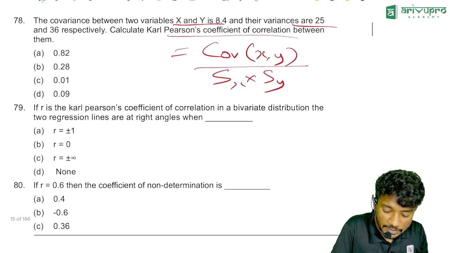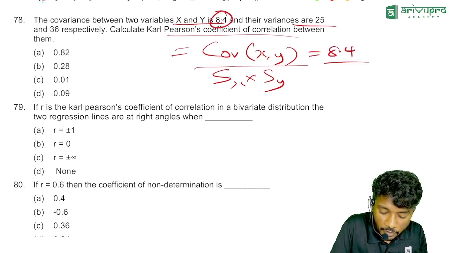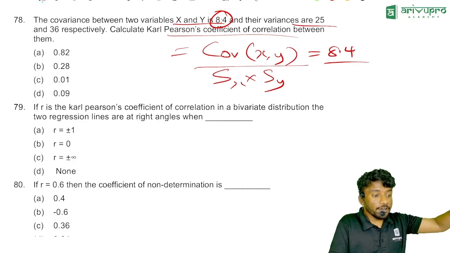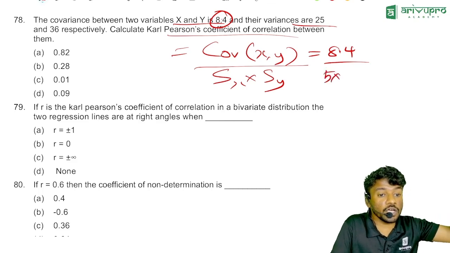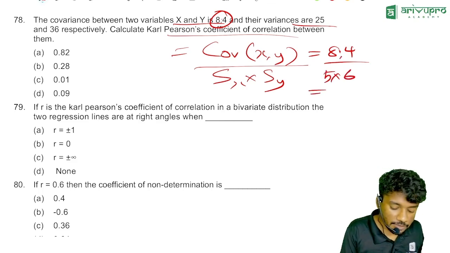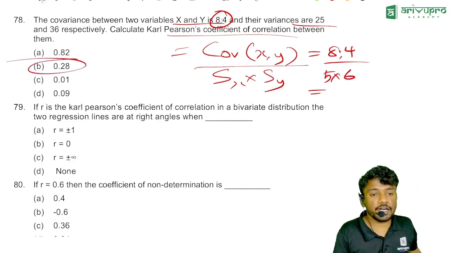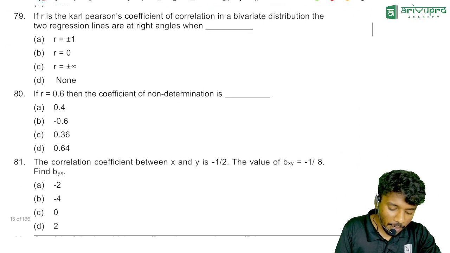So covariance of x comma y is how much here? 8.4 divided by 5 into 6. Variance is given, so standard deviation is root of variance, 5 into 6. What is the answer? 8.4 divided by 30. 0.28. Now the next question.